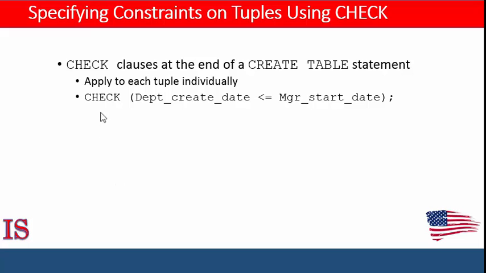Here we see an example. Now this would be at the end of a CREATE TABLE statement at the bottom when you are defining various constraints. We have a CHECK constraint, which is basically saying that department create date must be less than or equal to the manager's start date.